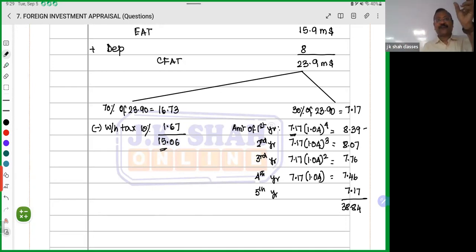Earnings. It was part of your profit and interest on that earnings, which means this 38.84 is purely your income, and you are taking that income out, less withholding tax 10%, 3.88.